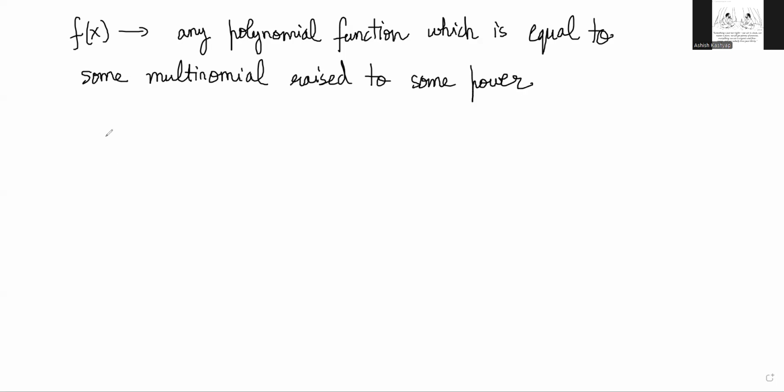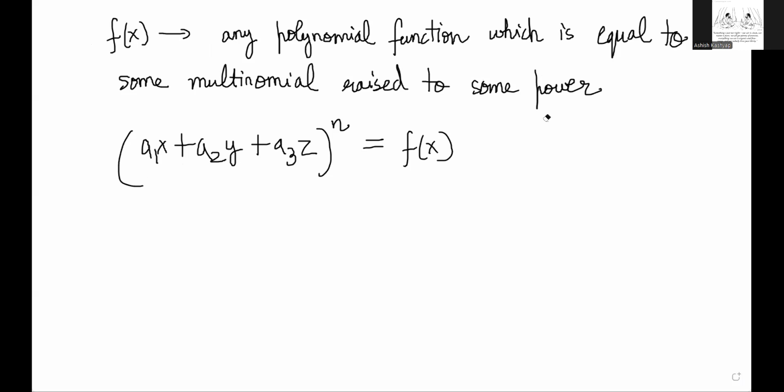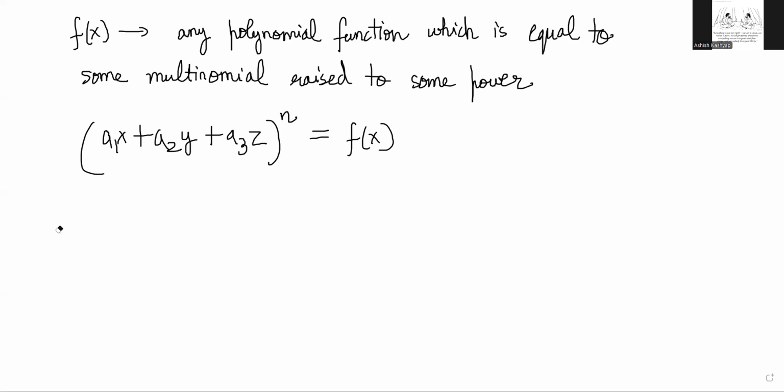So basically you can say, let's say a1x plus a2y plus a3z whole to the power n is equal to f of x, right? Or you could have taken different variables also. XYZ is given here, so technically this will be a function of XYZ.